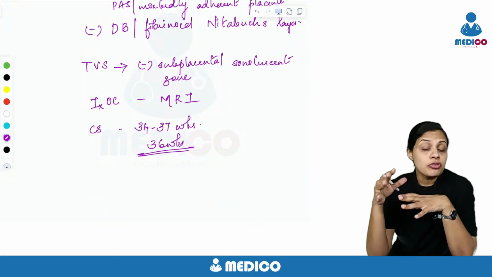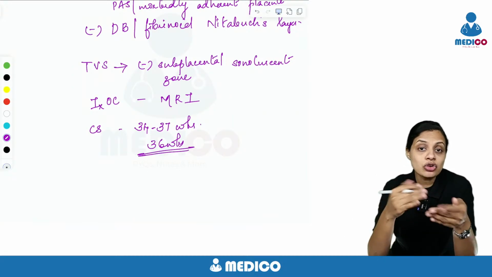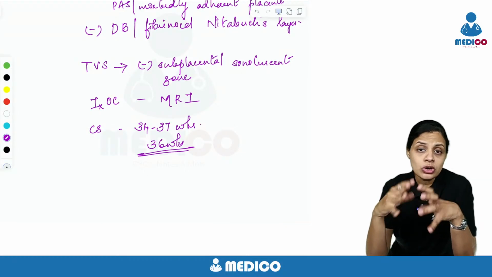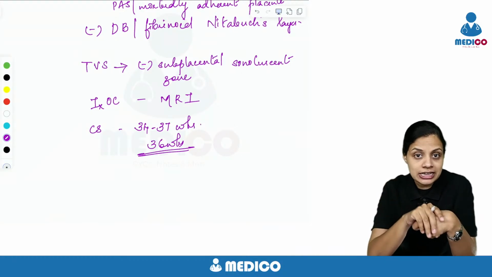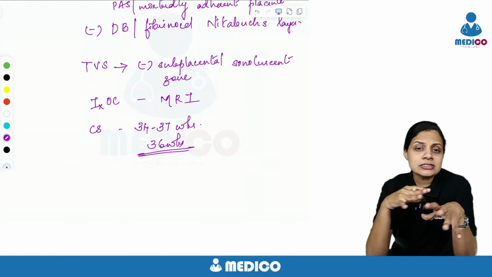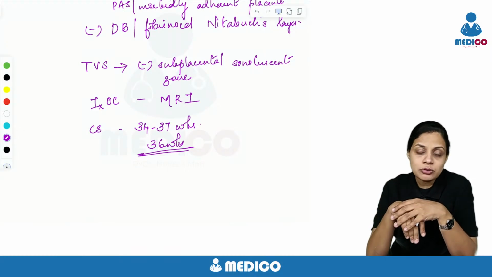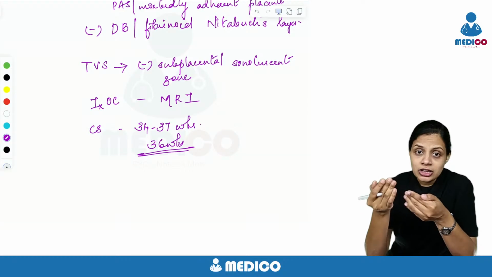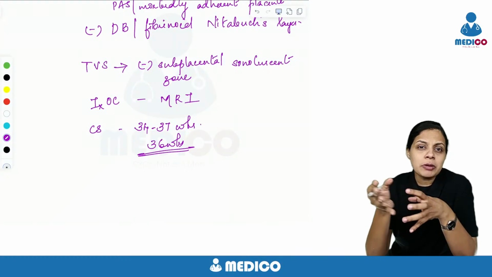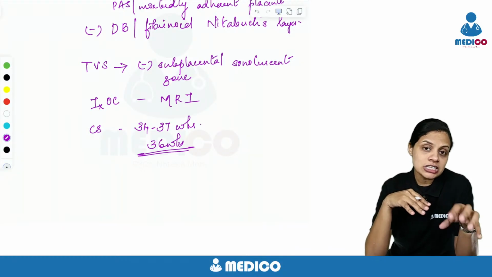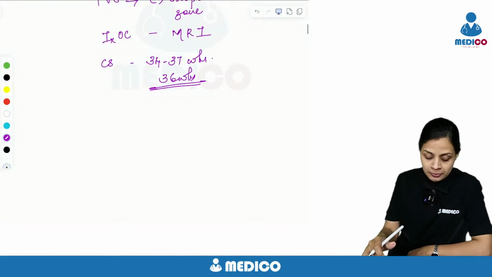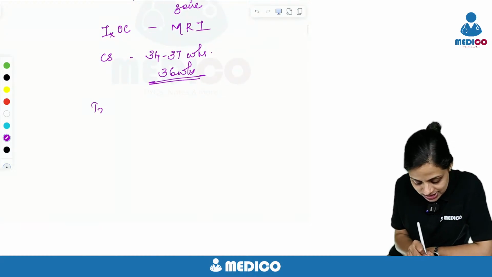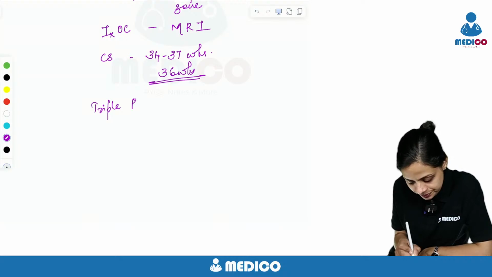Mostly you'll have to go for a cesarean hysterectomy. You may have to take out the uterus if you're not able to detach the placenta entirely, even though there are some recent advances called the triple P procedure, where if there is a focally adherent placenta, you'll be able to take out only that part. Just remember that term also, the triple P procedure.